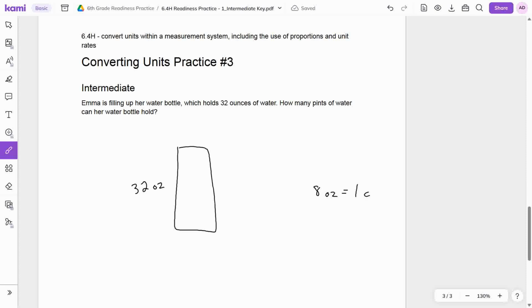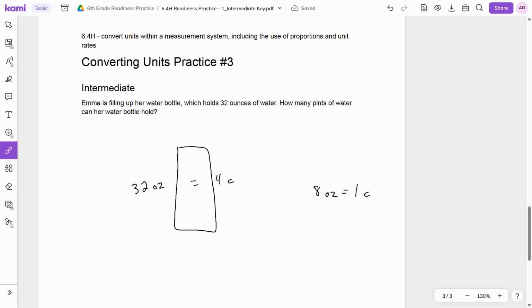So let's reimagine those 32 ounces as cups. How many times can 8 go into 32? Well, that's going to be 4 times. So I'm going to write 4 cups on here, and they're equal. Okay, so 32 ounces is the same as 4 cups. I'm just using different units.